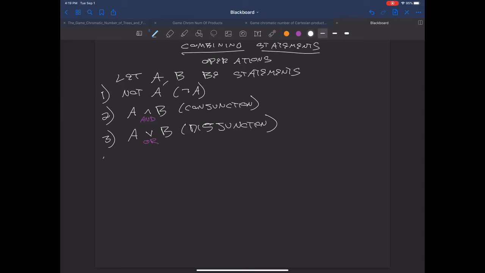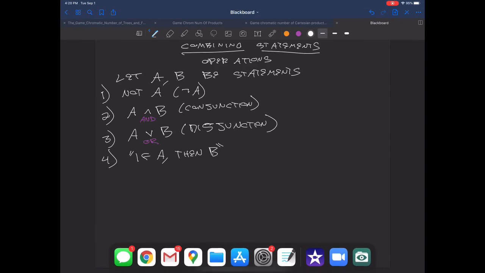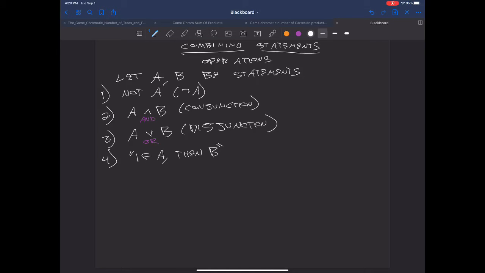All right. And next we have really probably the most important one that we're going to use in this class, which is the implication. If A, then B. All right, and so this is called implication.